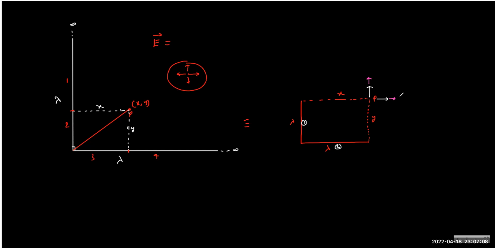So this is like E parallel of 2 and E perpendicular of 1, and this is like E parallel of 1 plus E perpendicular of 2, like this. So basically they get added together.